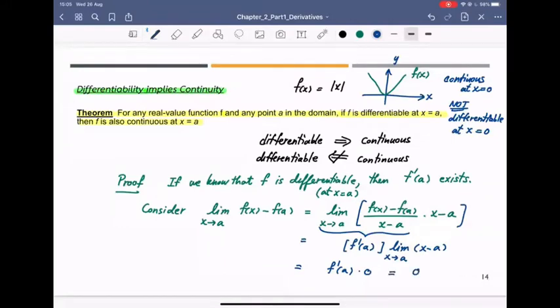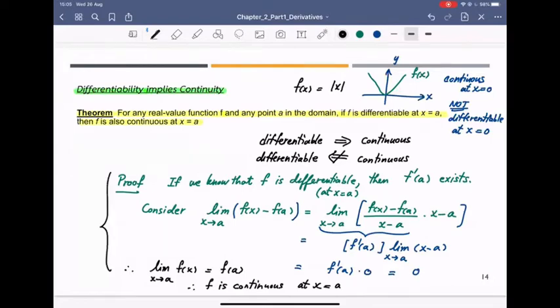When we have the statement that the limit of f(x) minus f(a) as x goes to a equals 0, that means the limit of f(x) as x goes to a equals f(a), which means the function is continuous at x equal to a.